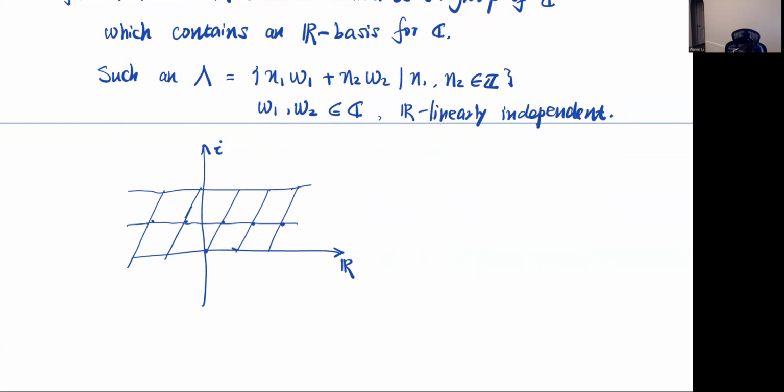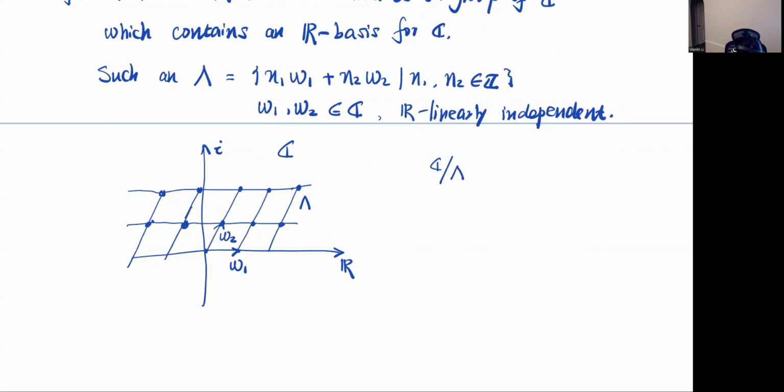So let's see, if this is my omega 1 and this is my omega 2, for example, then omega 1, omega 2 will form a parallelogram, and this is my complex plane C. So this tells me that C mod out this lambda, the discrete subgroup containing these lattice points.